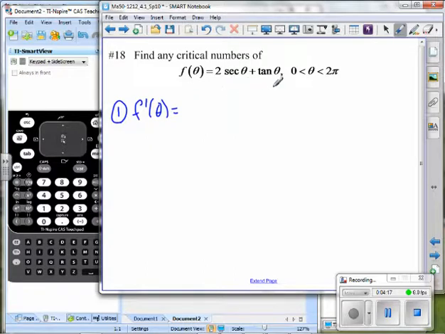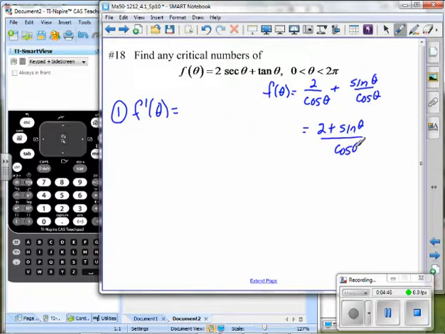You could say that f of theta is 2 divided by, and then know that secant is the reciprocal of cosine theta, plus tangent, which is sine theta divided by cosine theta. So we could say this is 2 plus sine theta divided by cosine theta.